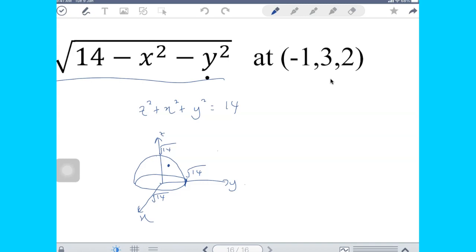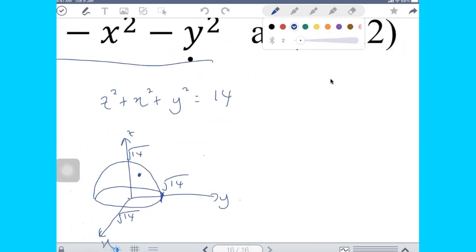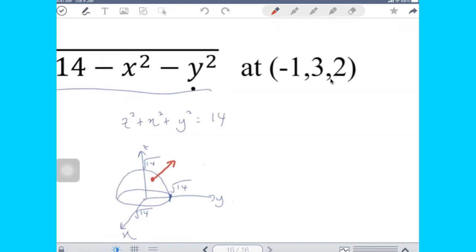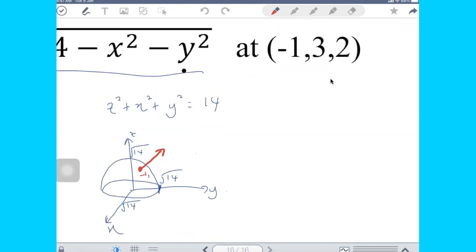Obviously without computing, we can expect that the normal to the surface should be always in that direction at the point given. So the point is -1, 3, 2.